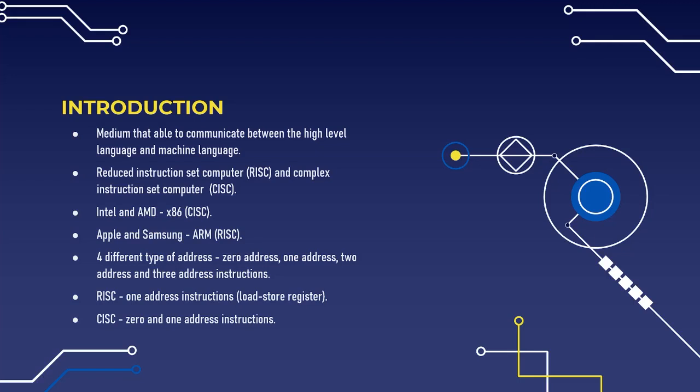Other than that, the ISA can be implemented in 4 different types of addresses, such as 0 address, 1 address, 2 address, and 3 address instruction set. For example, most of the RISC are using the 1 address instruction, which is load, store, register, while most of the CISC architecture are using both 0 and 1 address instructions, because we can find the stack pointer and accumulator register in the instruction set manual.